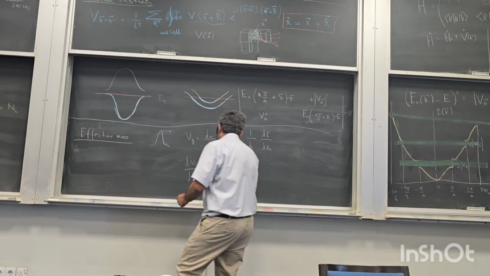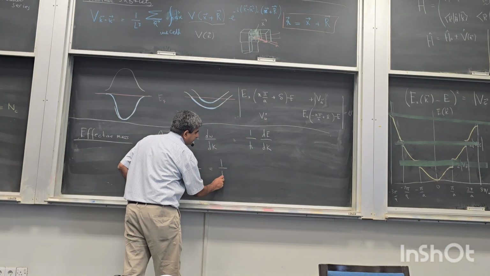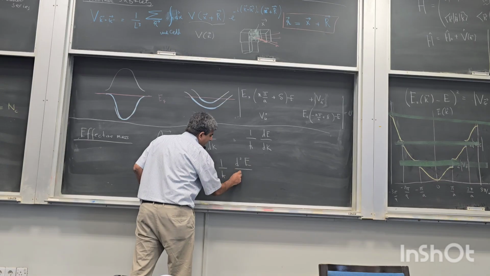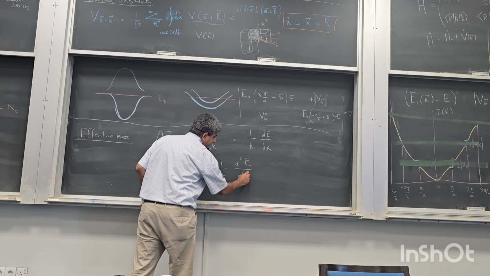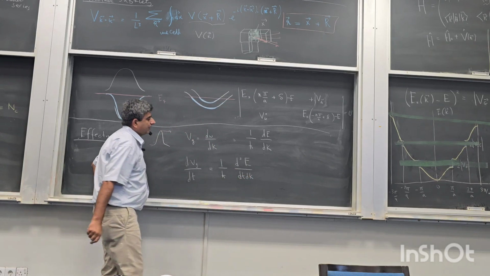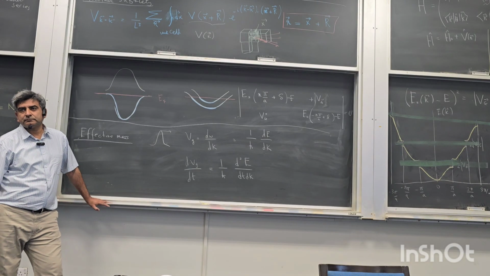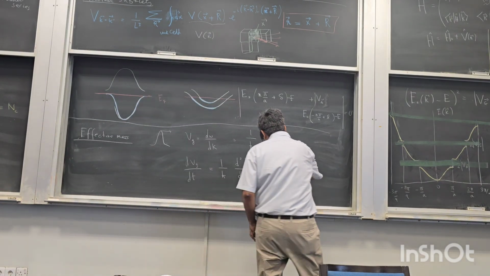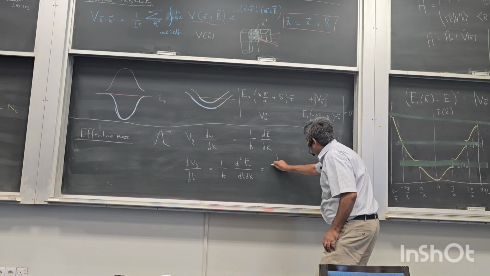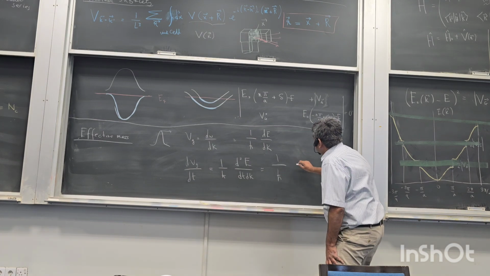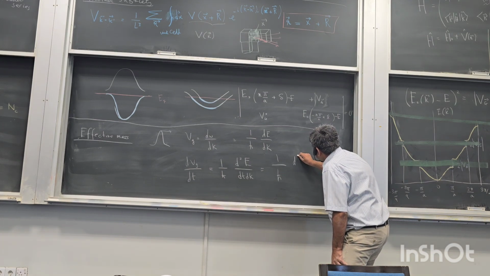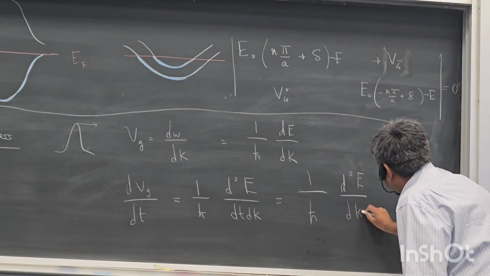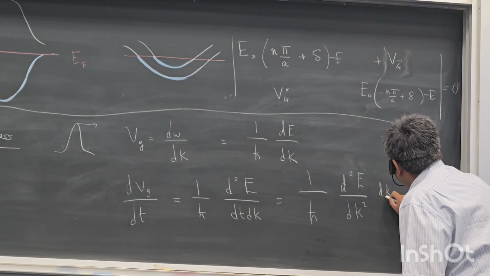So this becomes 1 over h bar d square E dt dk. Correct? So I just apply the chain rule or the product rule or whatever it is called, d square E dk square dk by dt.